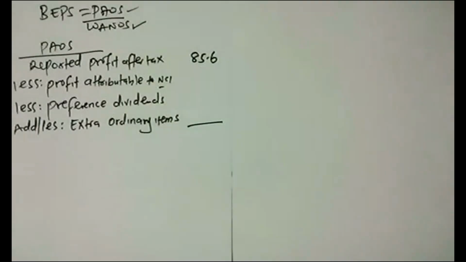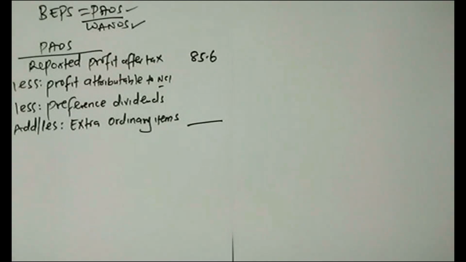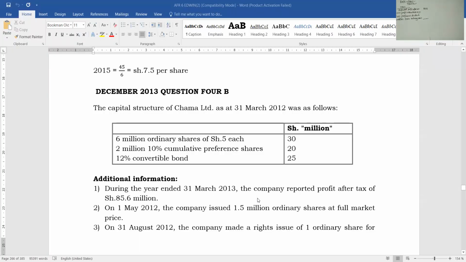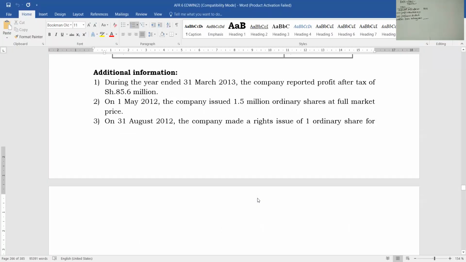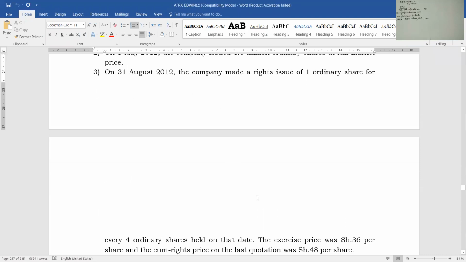So that was the profit after tax. Then we have the profit attributable to NCI. Was it present in the question? There was no profit attributable to the NCI in this question.